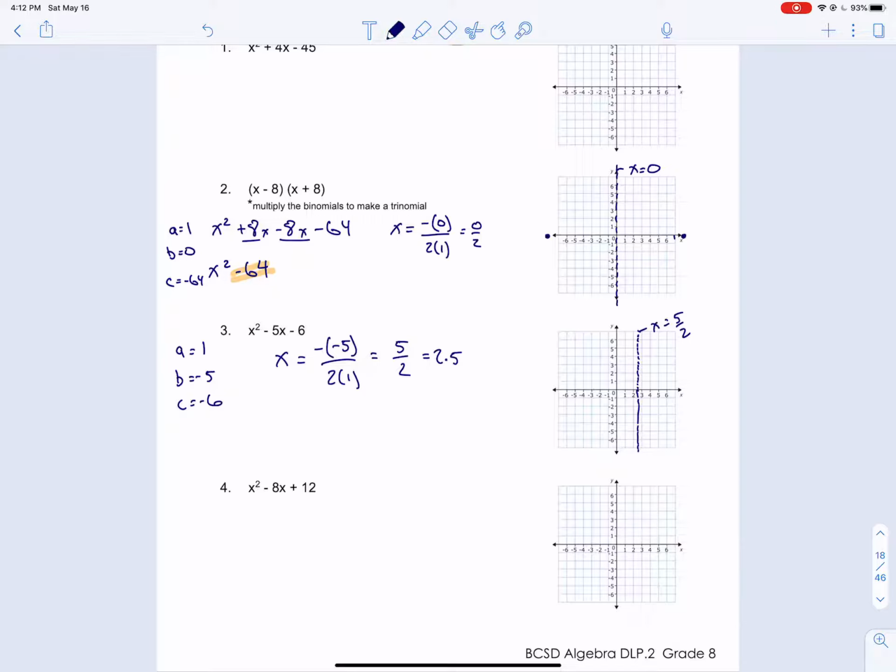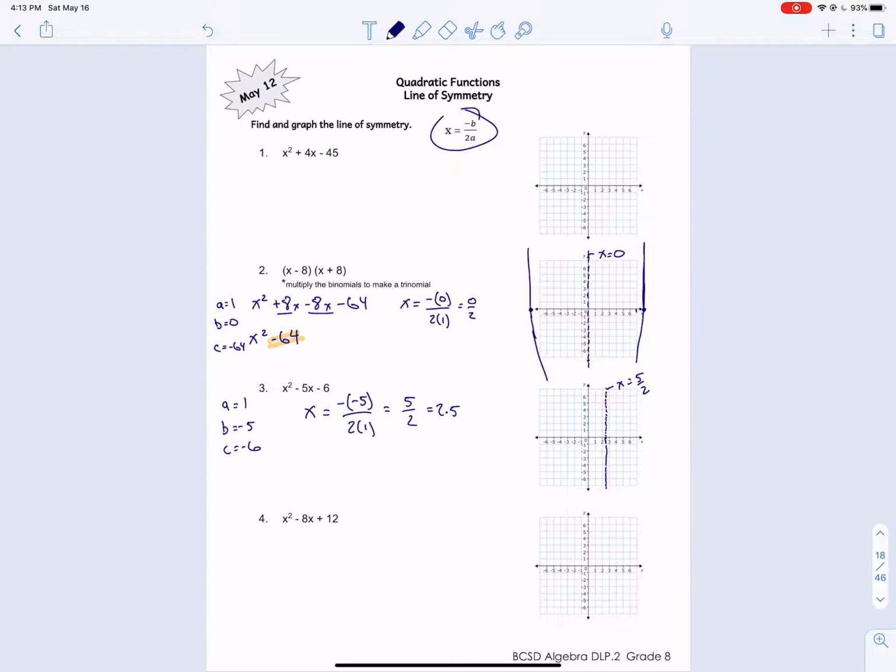So it's way off the graph. So this is going to be a really steep parabola, but it will cross through 8 and negative 8. So it's going to go way down to negative 64. So we can't really graph it. But if we were asked to, then that's how we would do it.